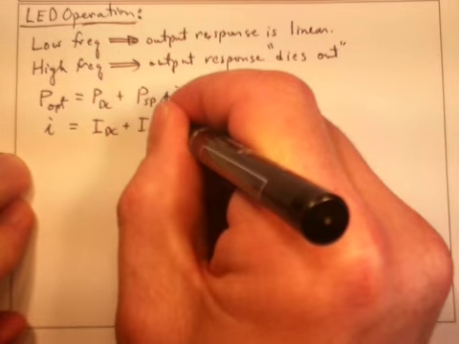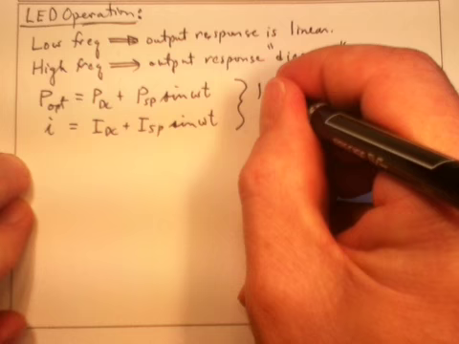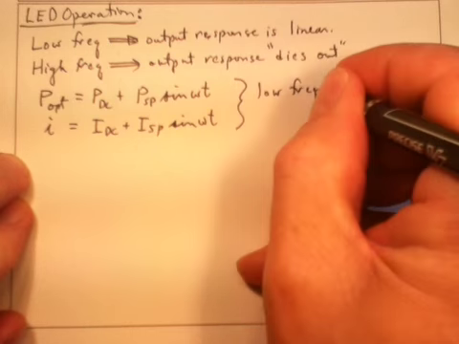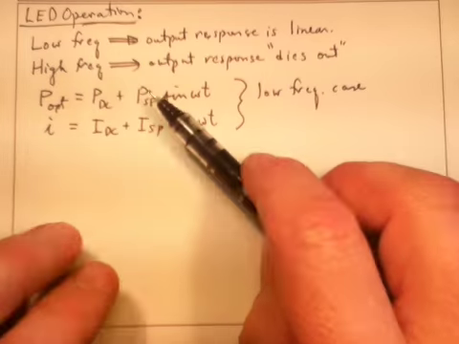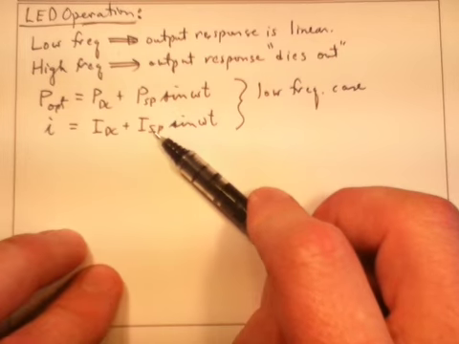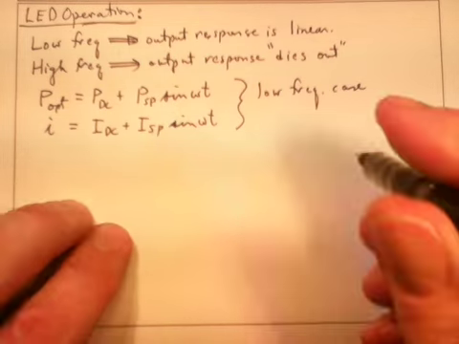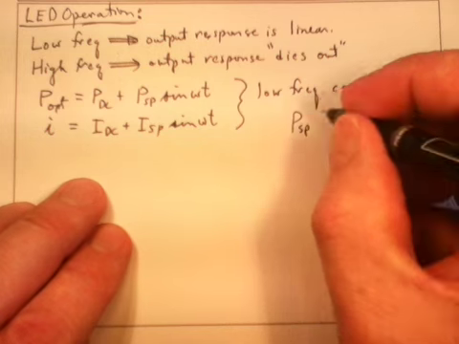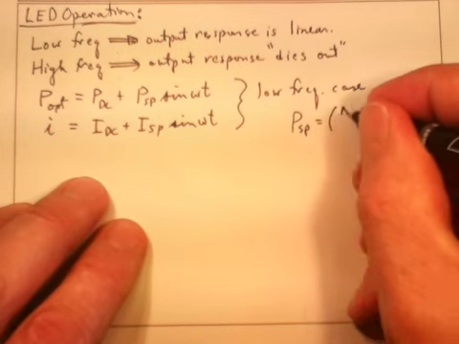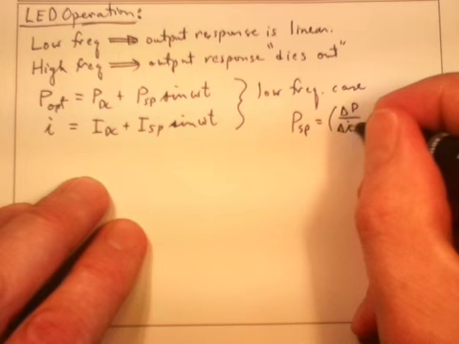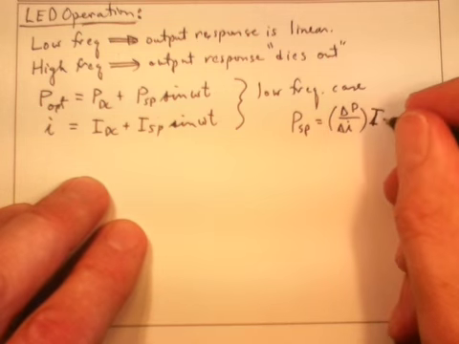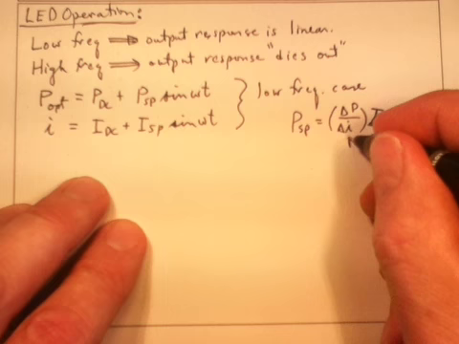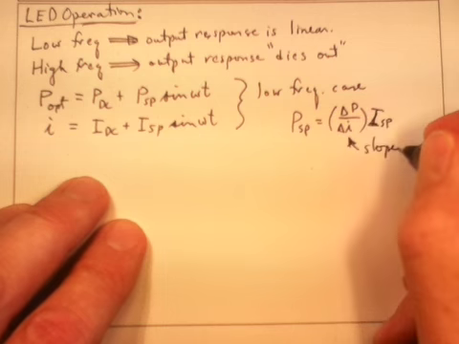Okay, so this was the low frequency, and it was possible to predict P_SP given I_SP, where P_SP is equal to delta P over delta I, that slope, times I_SP. This is the slope of the response curve.